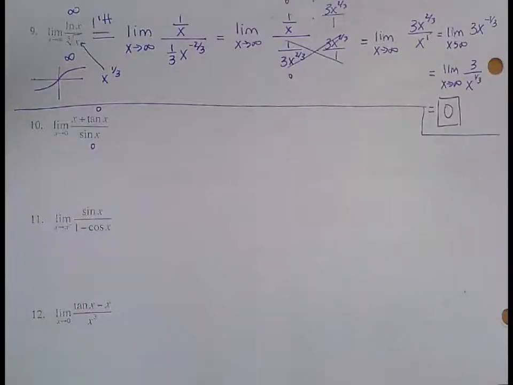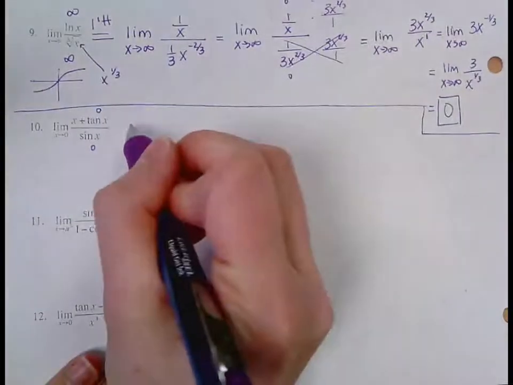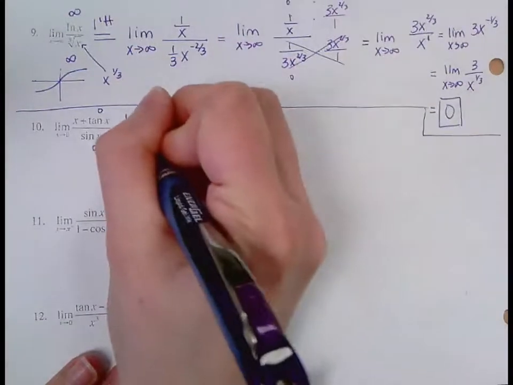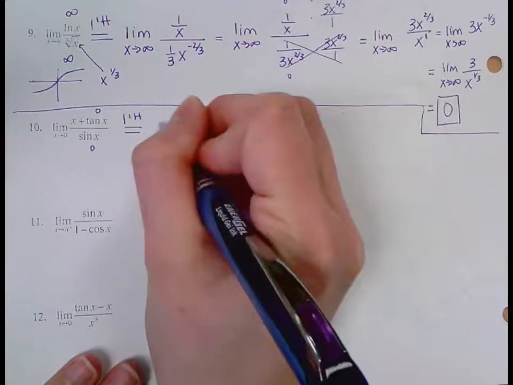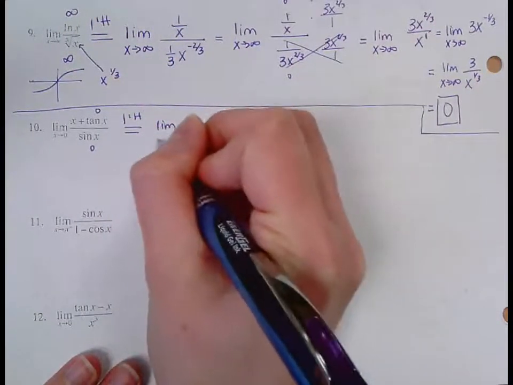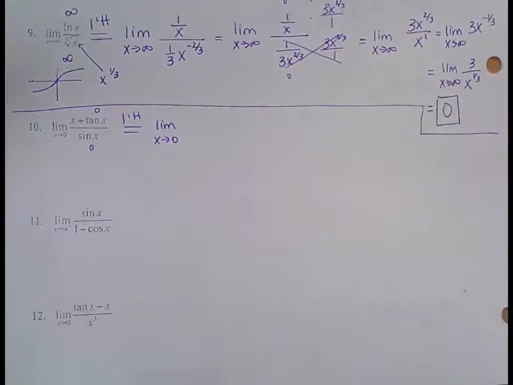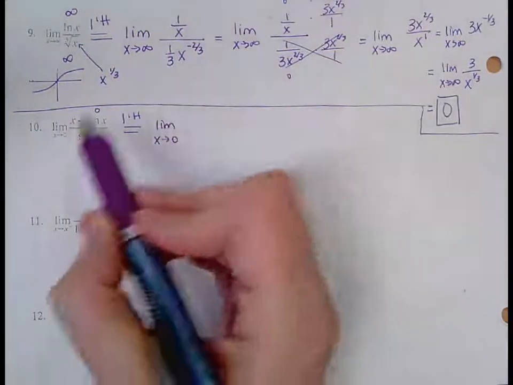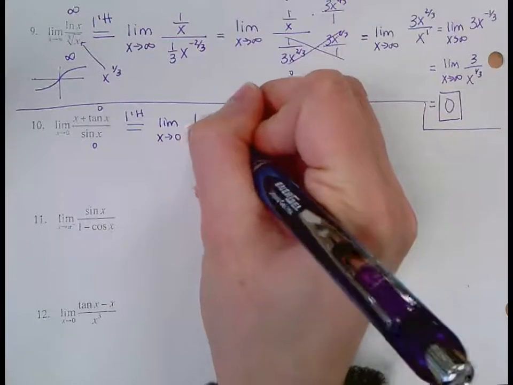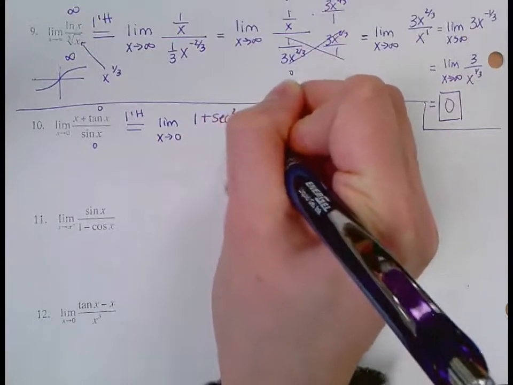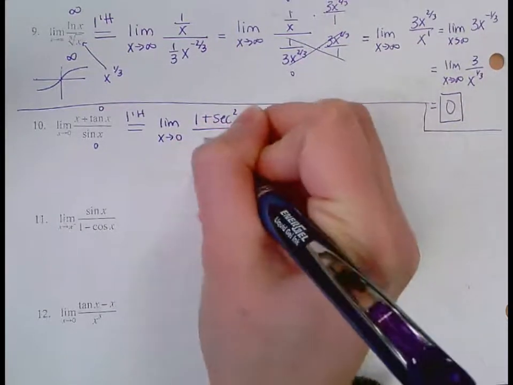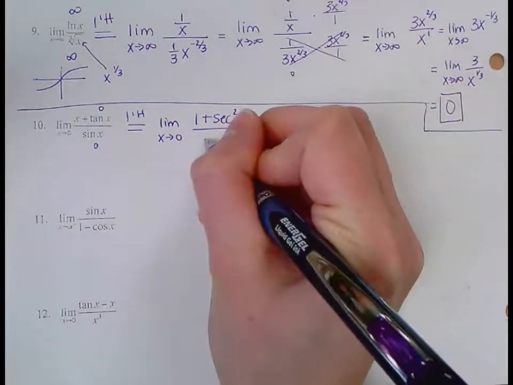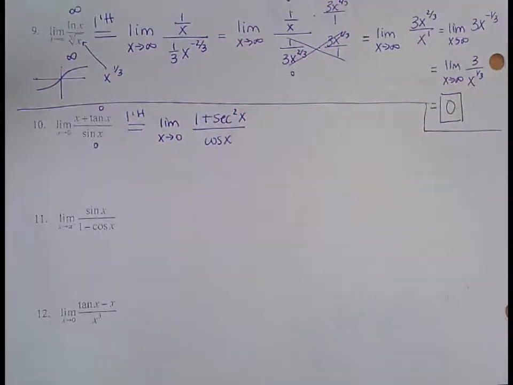So we do have an indeterminate form. So apply L'Hopital's rule. We have the limit as x approaches 0 of 1 plus secant squared x over negative cosine x, not negative cosine x, just positive cosine x.